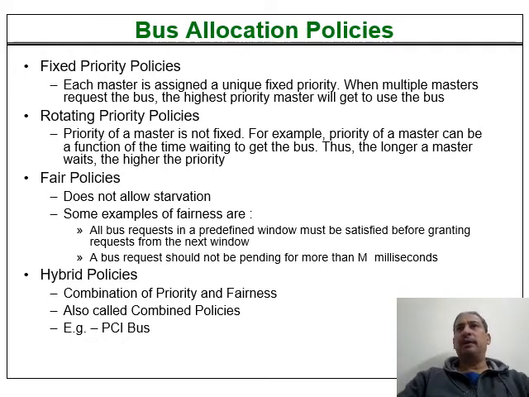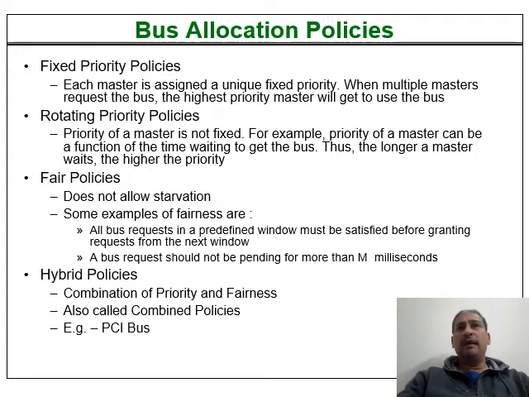So whenever multiple masters request for the bus, the device which has the highest priority will get the bus. But then again, there is a problem. Suppose a number of high priority devices keep on asking for the control of the bus, the low priority device will never get the control of the bus.